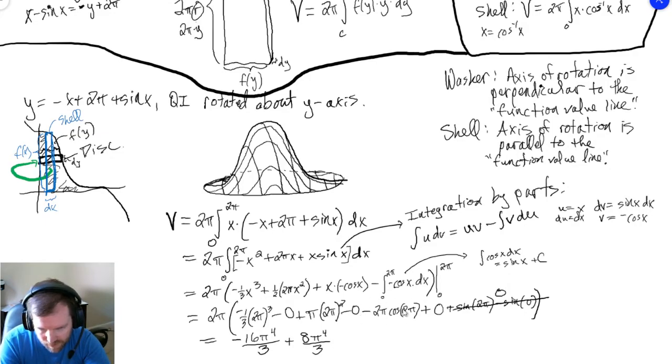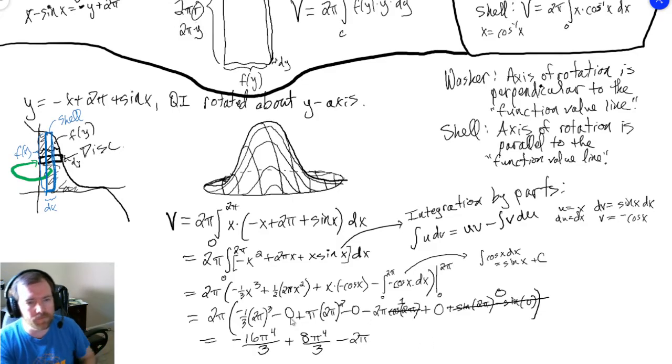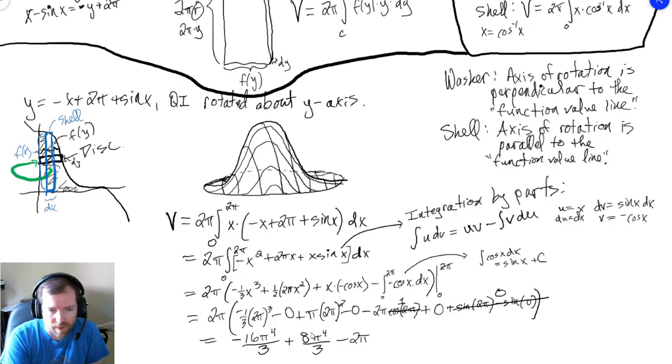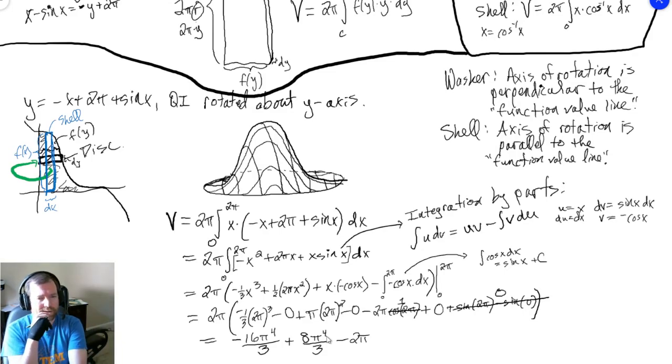This is going to be cosine of 2 pi is going to be 1. So that is a minus 2 pi. These terms are combinable. I'm getting a negative. Oh, wait.